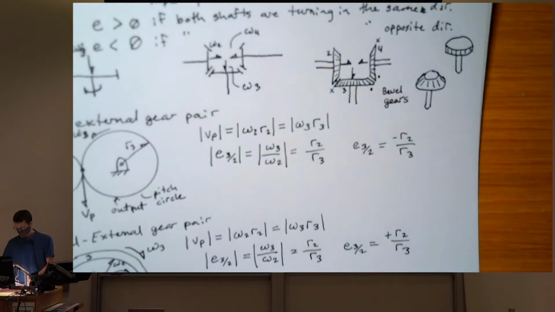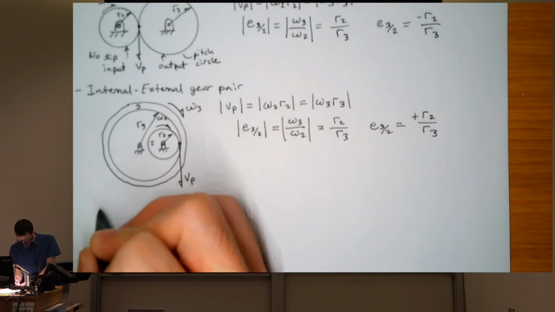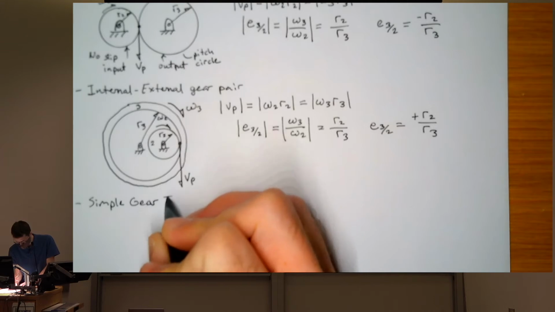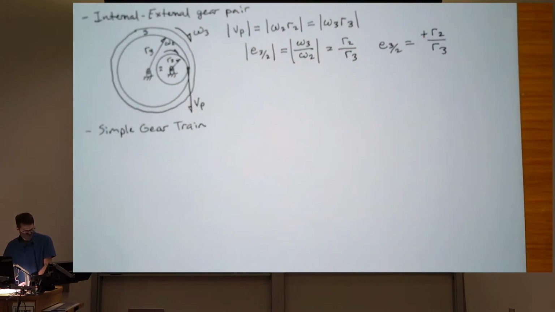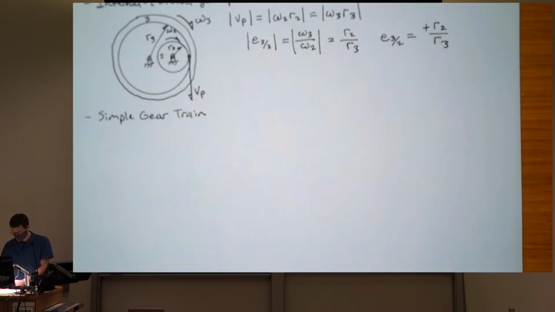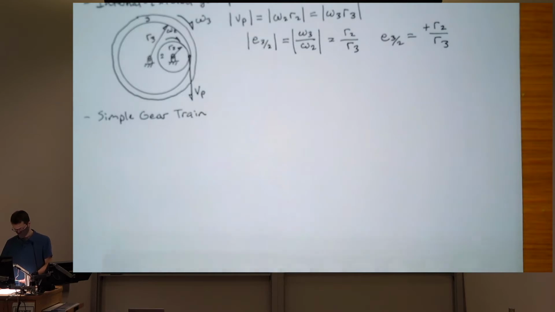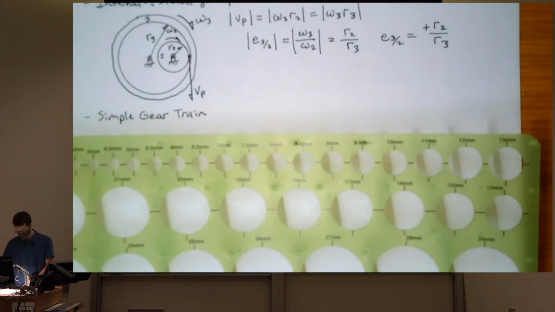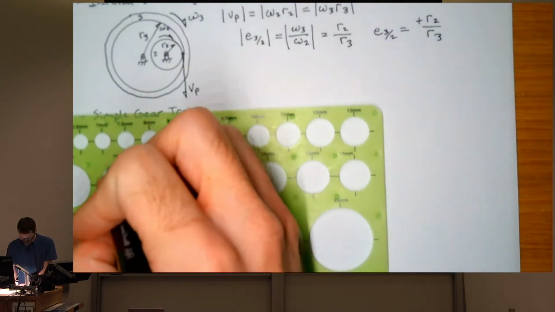Okay, so let's quickly look at a simple gear train. And this is actually the technical term, a simple gear train as opposed to a compound gear train, which we'll do on the next page. So for a simple gear train, again, I'm just going to use my circles. And these don't really matter. You can draw them whatever you want.